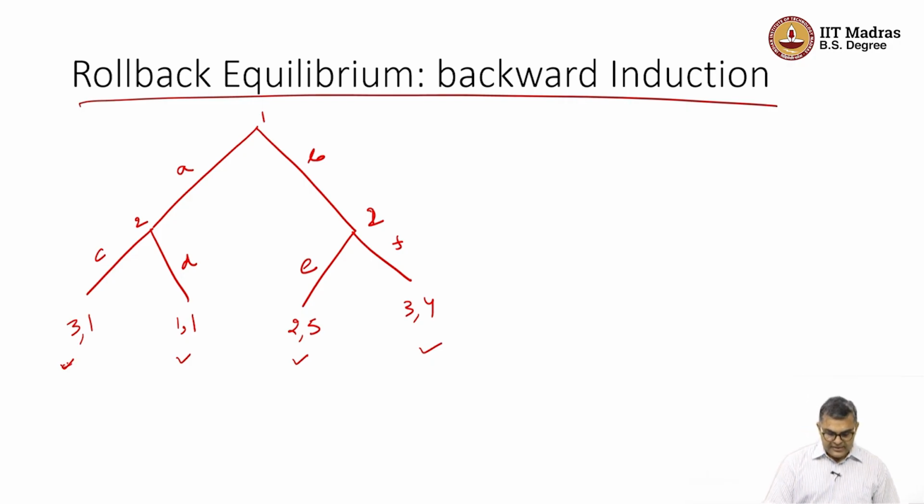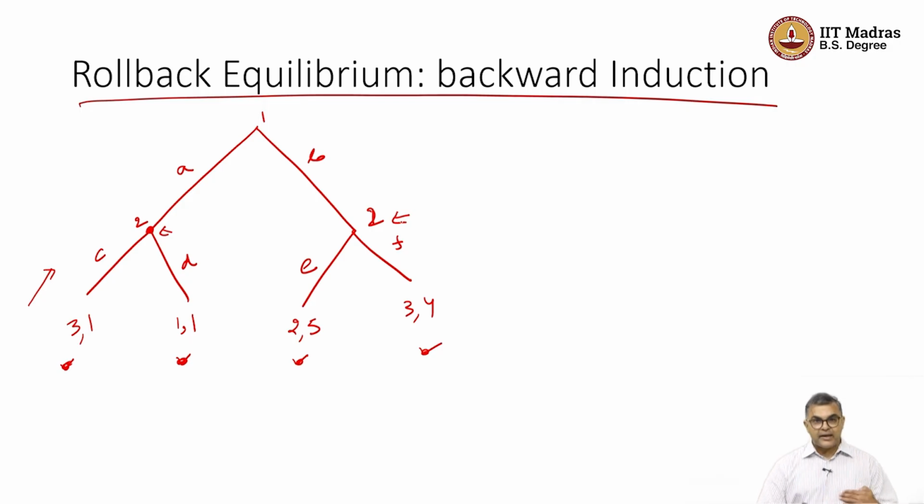We can see that these 2 terminal nodes are reached because player 2 has decided to play either C or D. And these 2 terminal nodes are reached because player 2 has here decided to play E or F. So, if we move in the backward direction, the decision is being made either at this point or at this point.